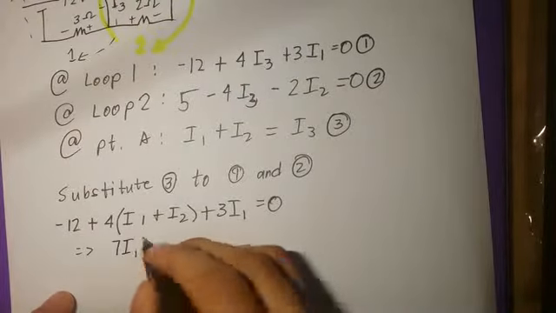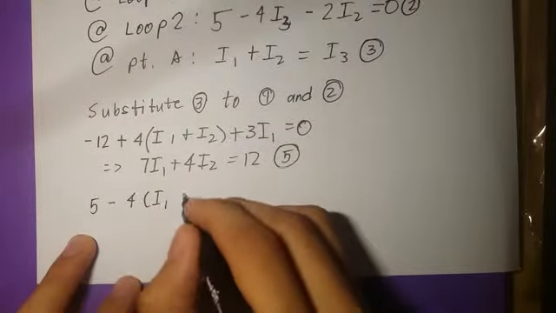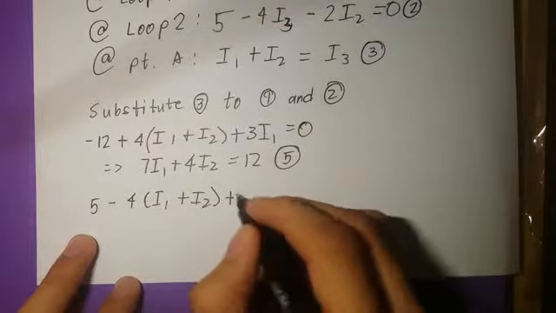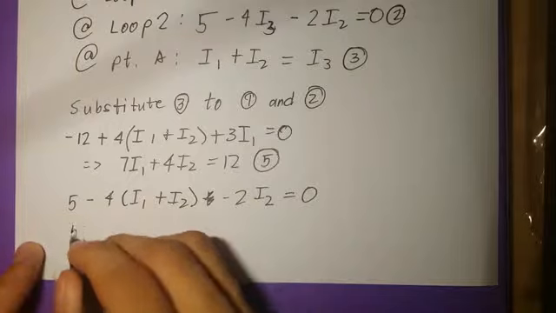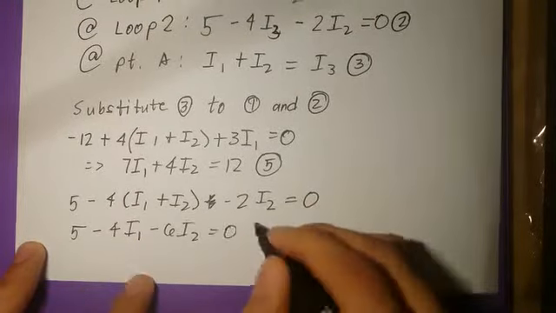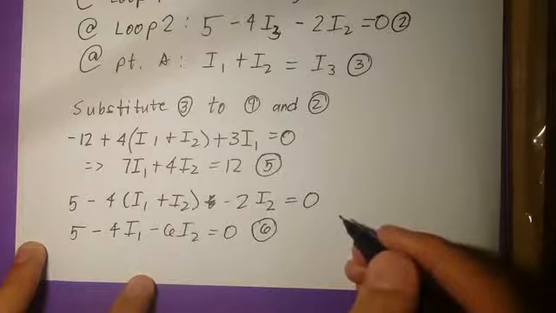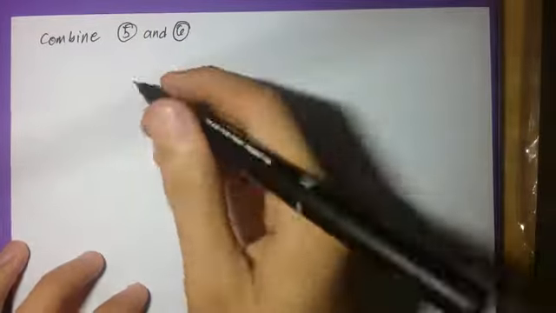By substituting 3 in equation 1, we can get a fifth equation with I1 and I2 as variables. Also in equation 2, we also have another equation with variables I1 and I2. Now we have two equations and two variables, which can be solved simultaneously.